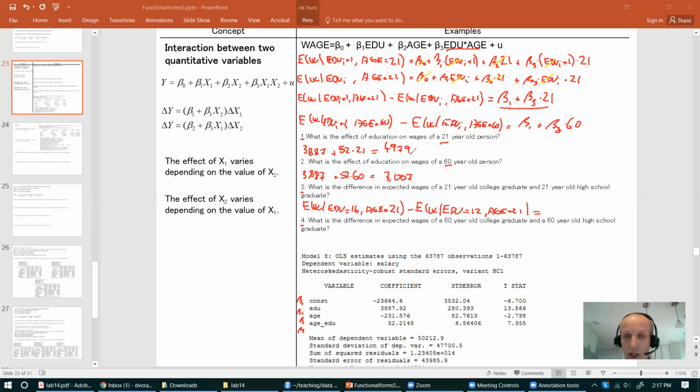So 4 years of education would give us a boost 4 times that, which is 19,946, about 20,000.